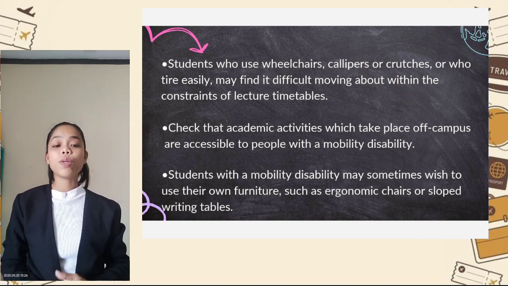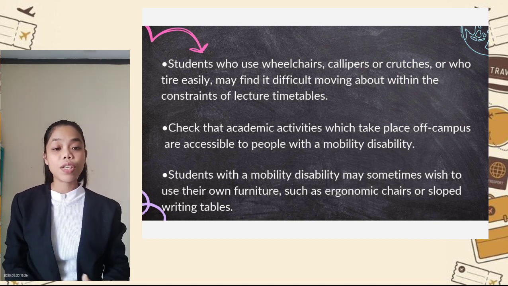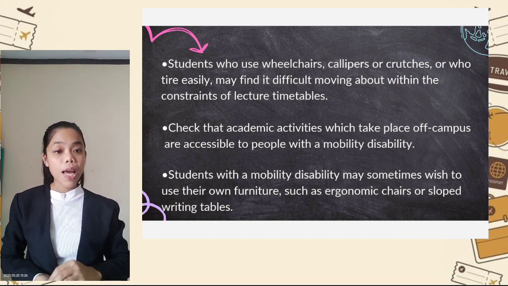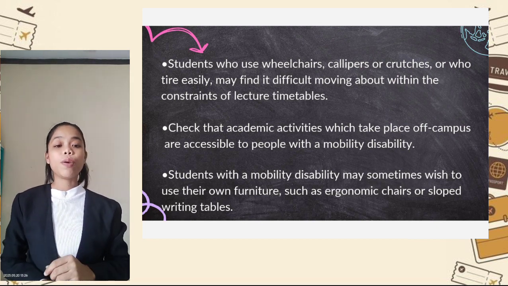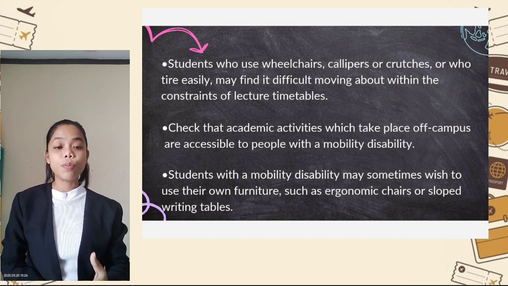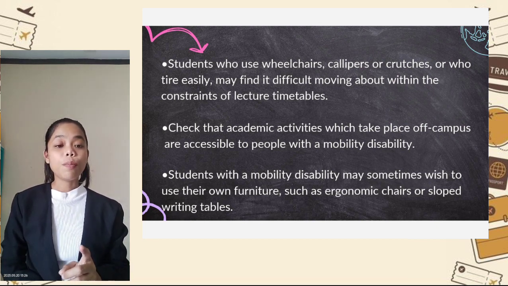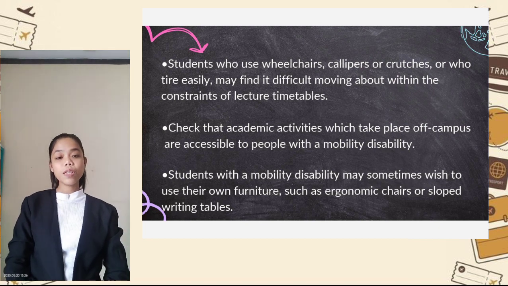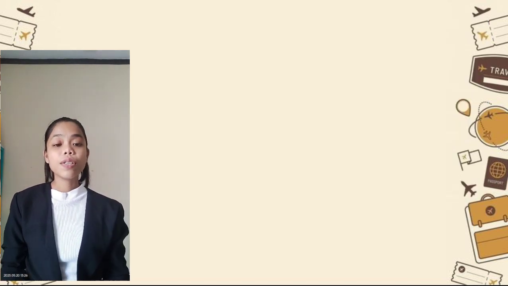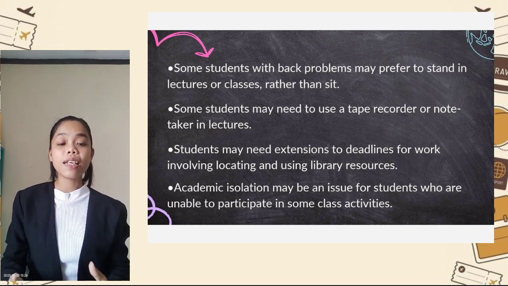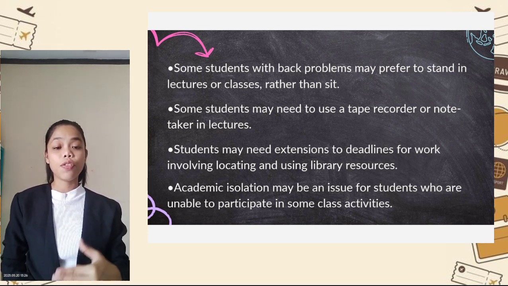Third one: students with mobility disability may sometimes wish to use their own furniture such as ergonomic chairs or sloped writing tables. Extra space may need to be created in teaching rooms, but this should be done unobtrusively. Some students with back problems also may prefer to stand in lectures or classes rather than sit.